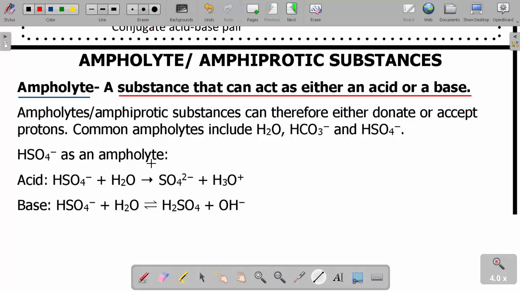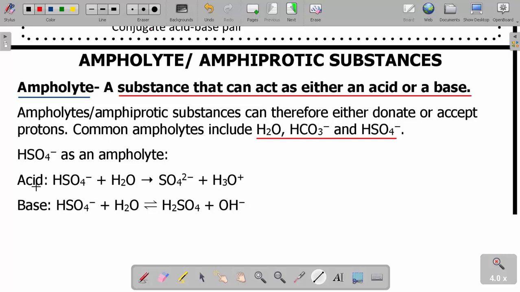Common ampholytes include water, HCO3- and HSO4-. These are examples of the ampholytes. We have water, we have HCO3- and HSO4-.